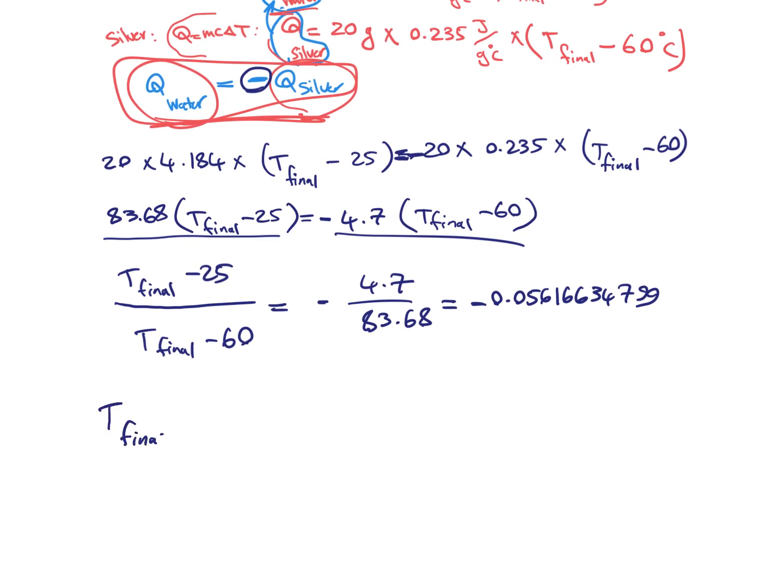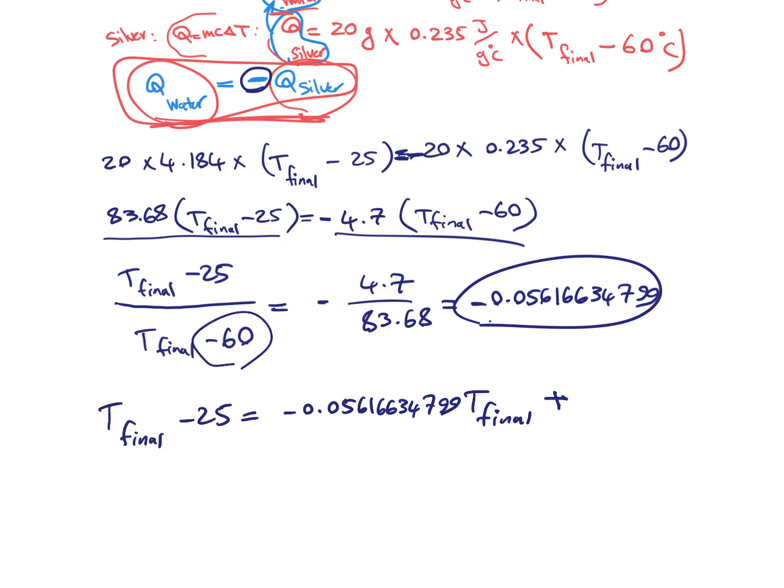T final minus 25 equals minus this number, T final plus this multiplied by this, right? And I already multiplied this number by, so minus 0.056, this number multiplied by minus 60 would be 3.3699808795.